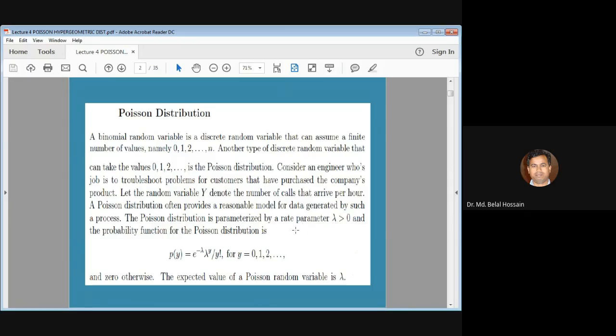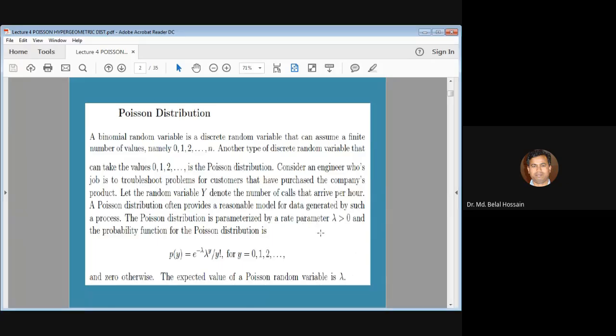To separate the Poisson random variable from the binomial, remember that the Poisson distribution has a parameter lambda, usually denoted by lambda, but in numerical problems it will be called a rate parameter.